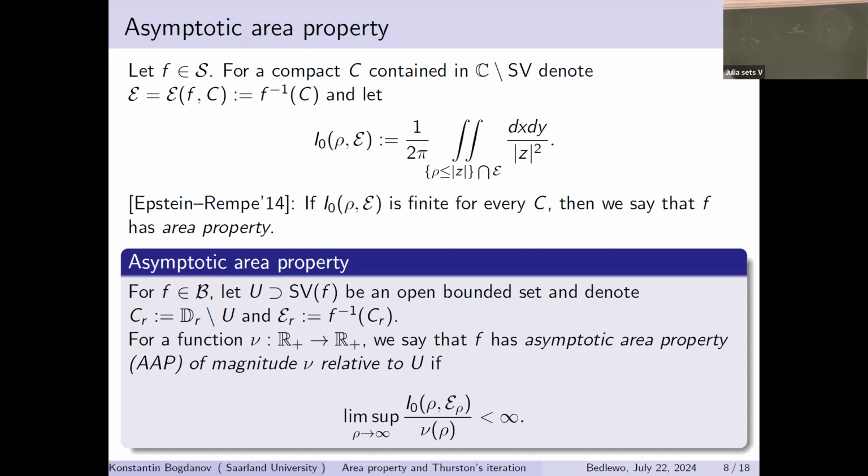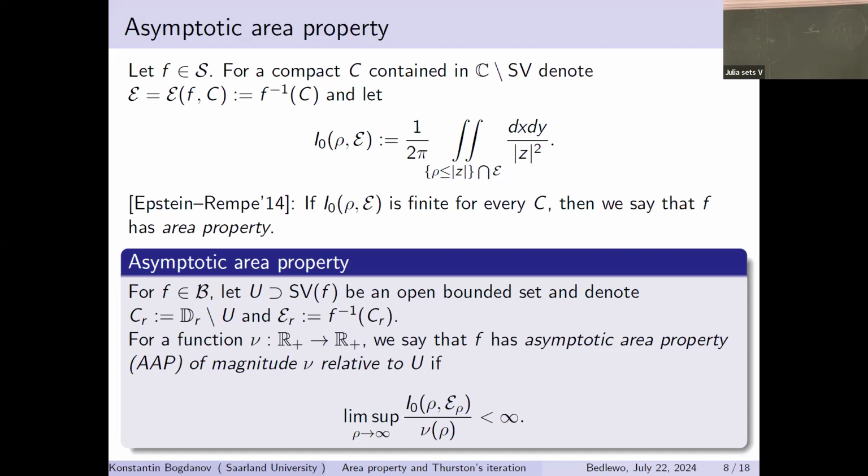But when we draw our disk of radius rho and measure the cylindric area of this set outside of this disk, of the strip, then it's going to be very small, because if you rescale, you divide this picture by rho, the width of this strip is something like log rho divided over rho, which is extremely small.